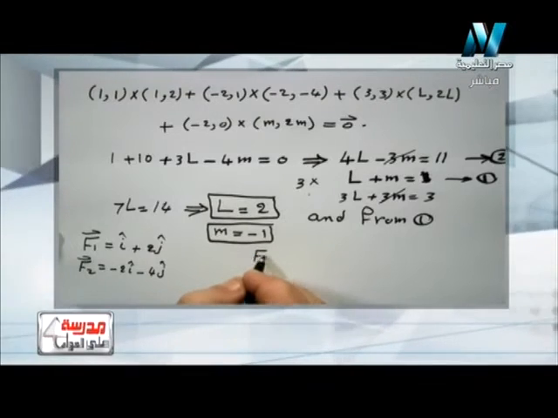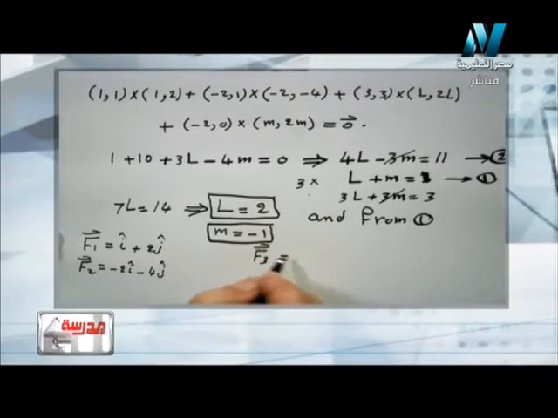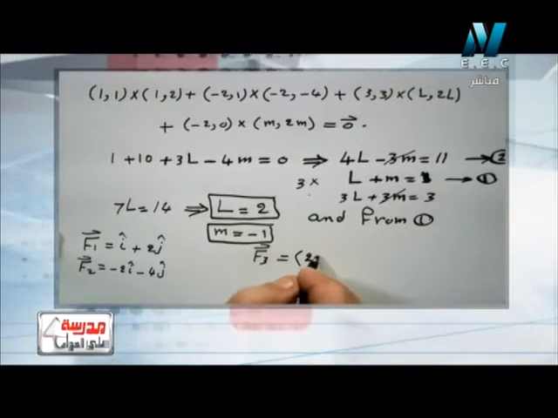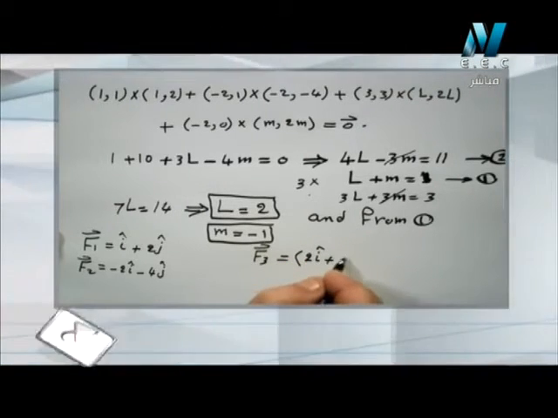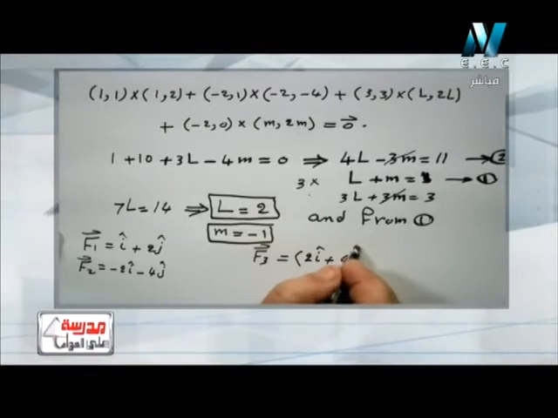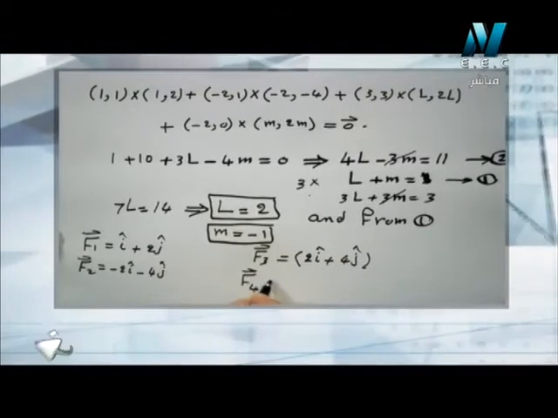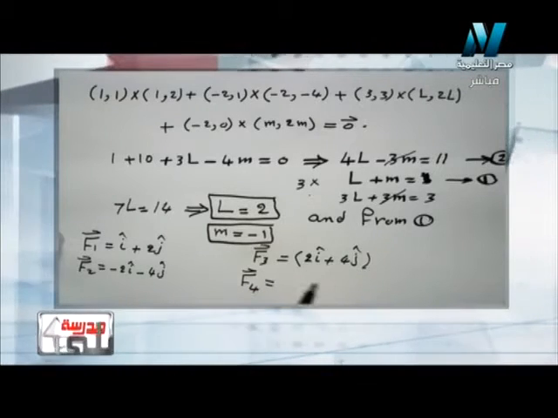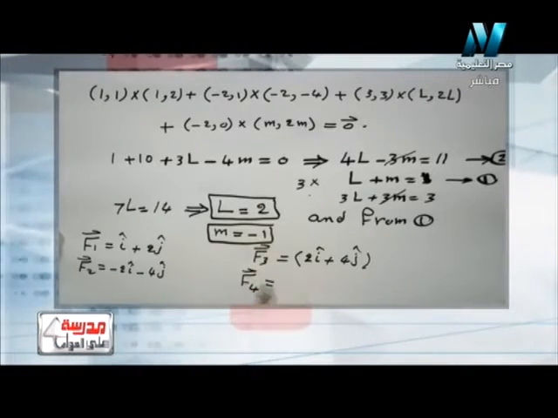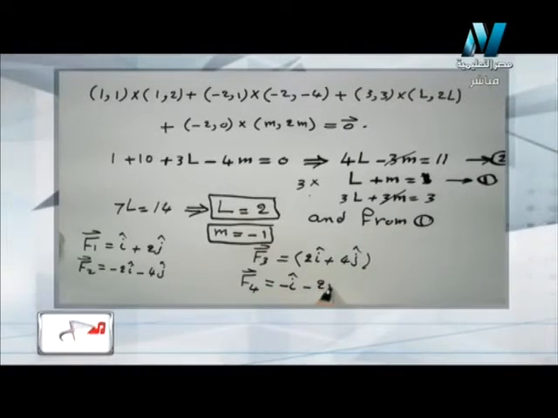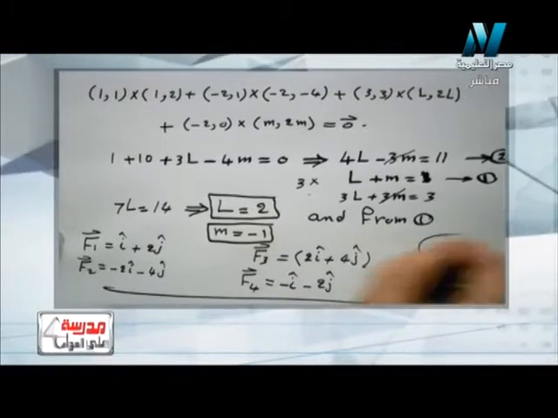F3 vector is (L, 2L), L is 2, so 2I plus 4j. And F4 vector is (M, 2M), M is equal to -1, so -I -2j. This is the final answer.